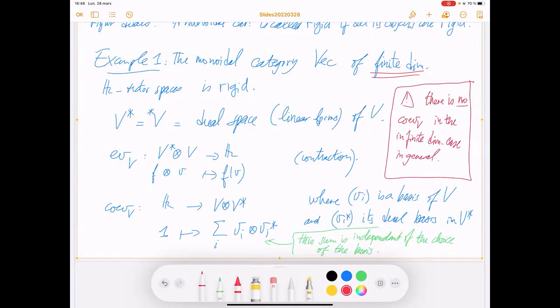So in general, you cannot define a co-evaluation map. More or less, because here you have a sum, and then the sum would be infinite, so you may have some topological problem.